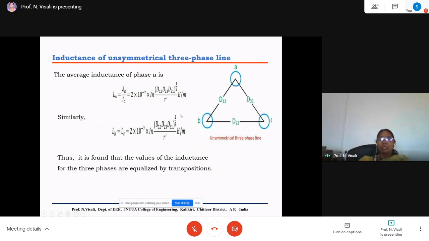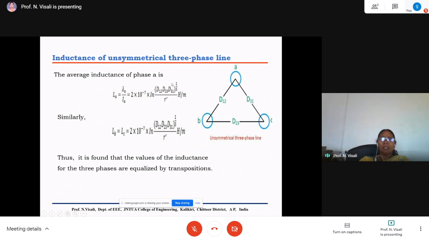One is D12. These are the geometrical distances between the three conductors, and this is known as the GMD, the geometrical mean distance, which we are supposed to calculate. The geometrical mean distance is the cube root, 1/3 power, of the product of the distances between all the conductors.